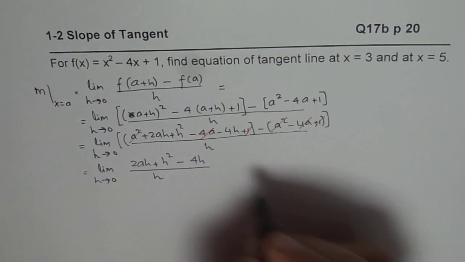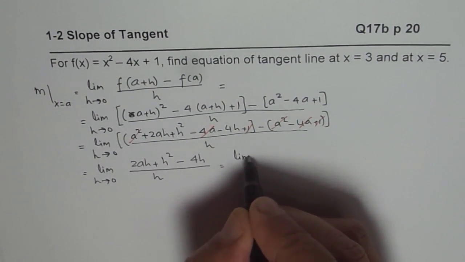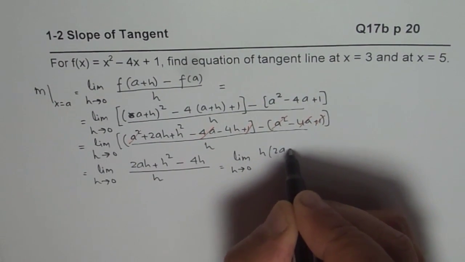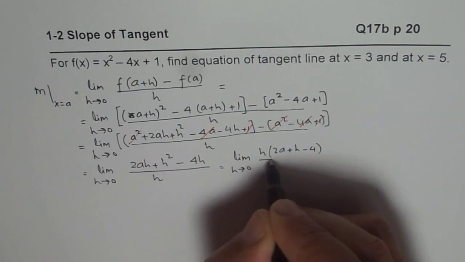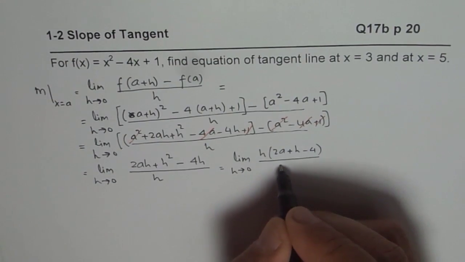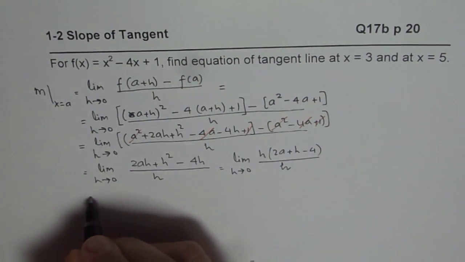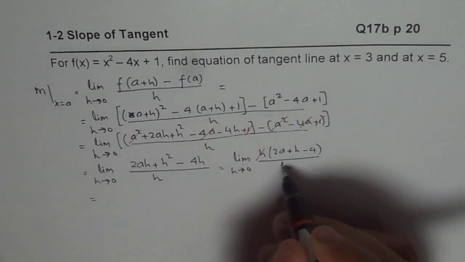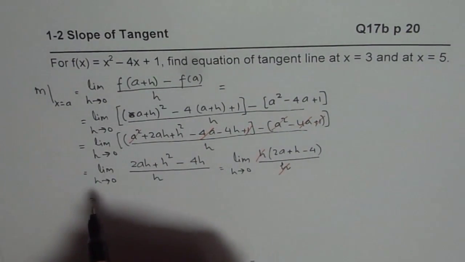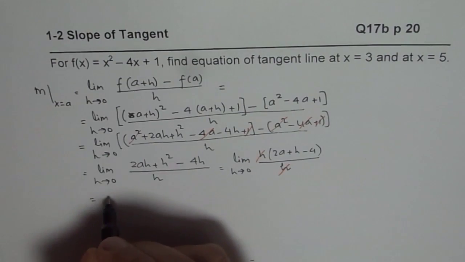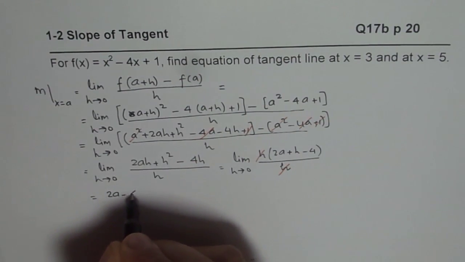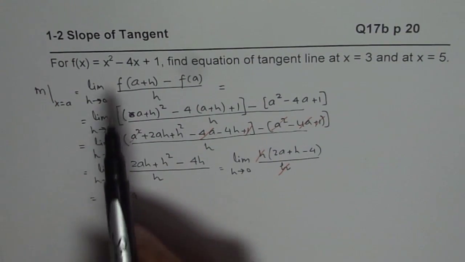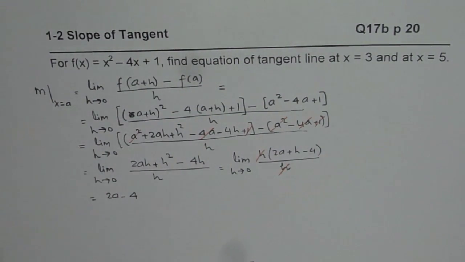Now here h is common, so I could write this as the limit h approaches 0, h common, 2a plus h minus 4, over h. Now h and h cancel out. So now we can substitute h as 0 and find the general equation, which is 2a minus 4. So 2a minus 4 is the slope of any tangent on this curve at a point x equals a.